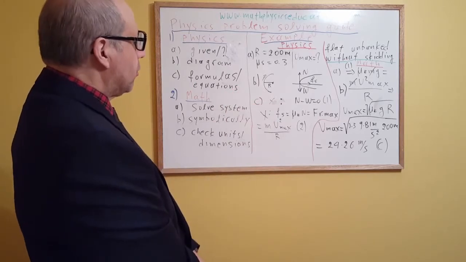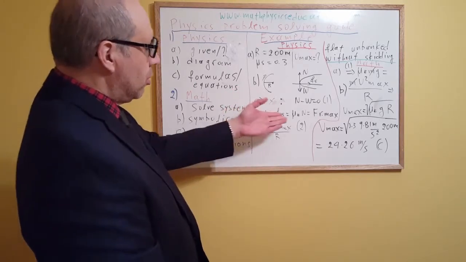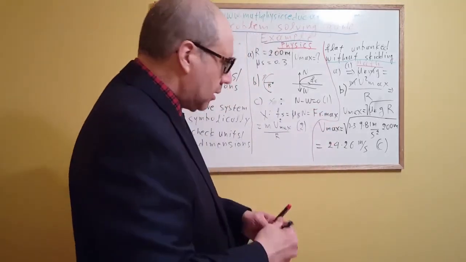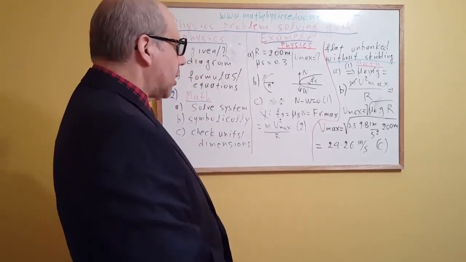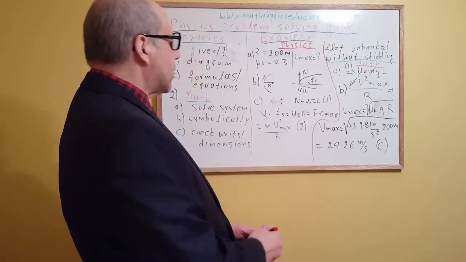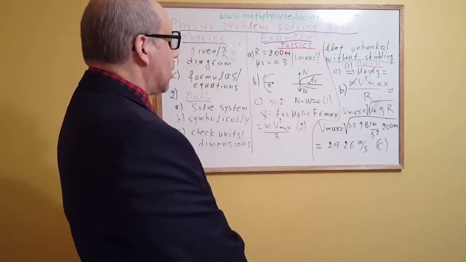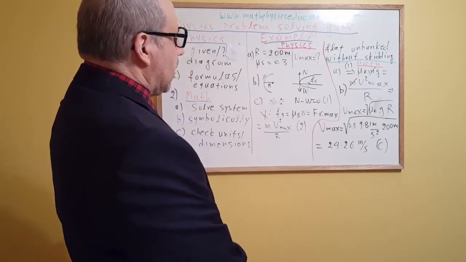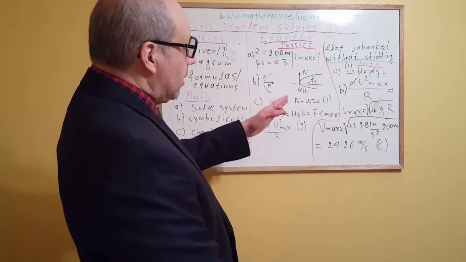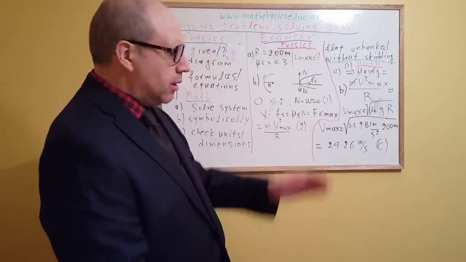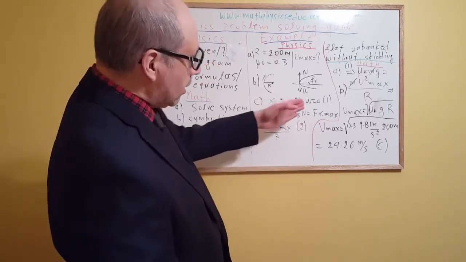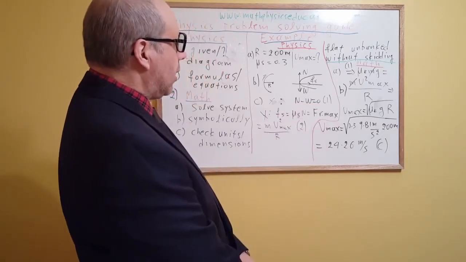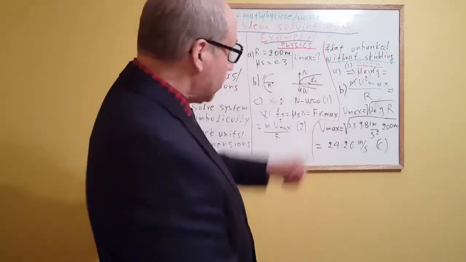So the force of static friction, as we know, is mu s, the coefficient of static friction, times n, the normal force, and this has to be the centripetal or radial force.